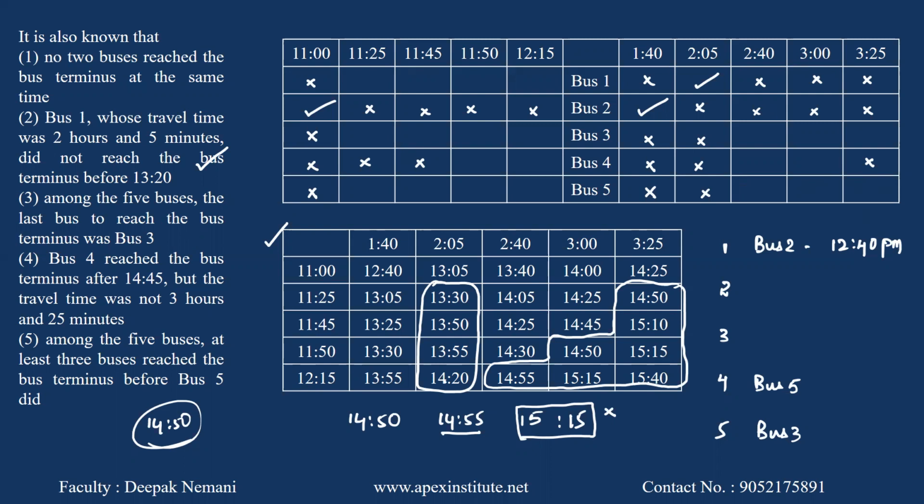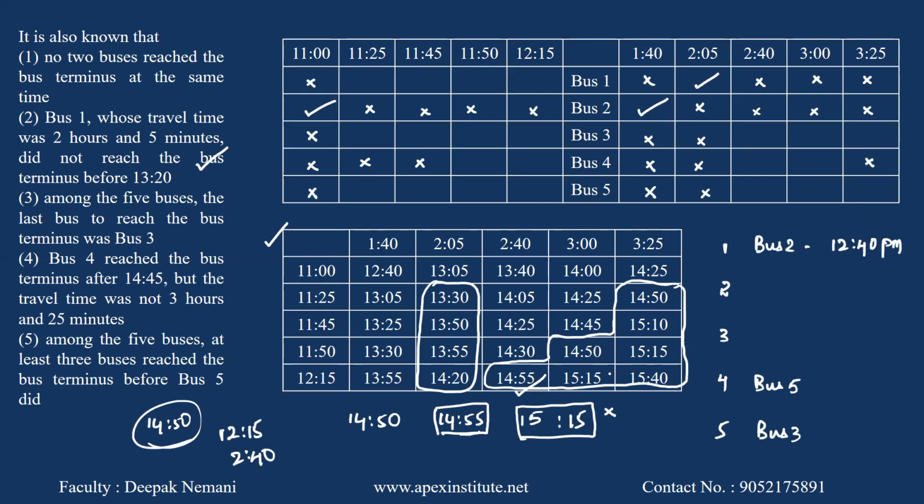Now if I assume that bus 4 reached the terminus at 14:55, considering this, so 12:15. So bus 4 has used 12:15 as its starting time, and the time of travel was 2 hours 40 minutes.